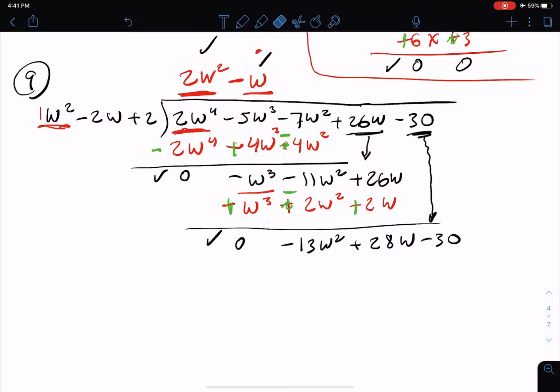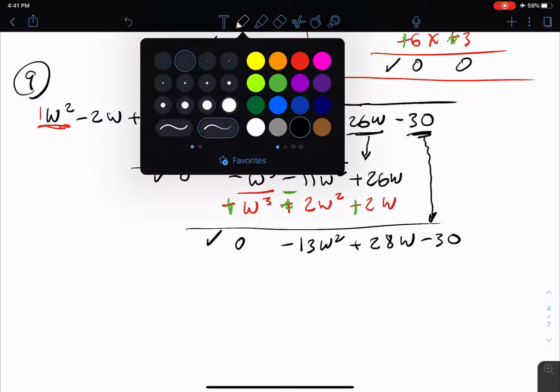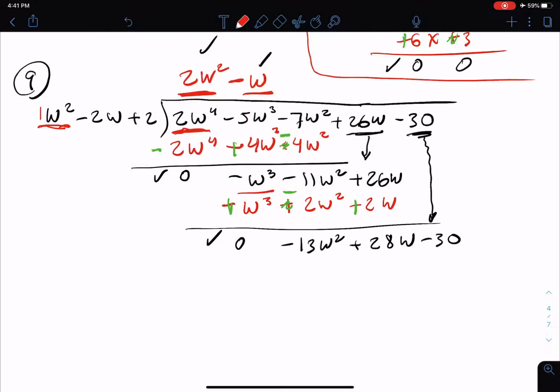Okay, if you see the pattern, the loop, the repeating part of the algorithm is: what times w squared gives me negative 13w squared?